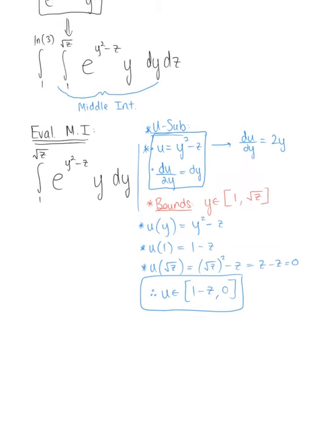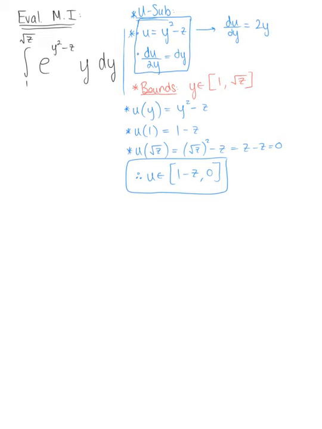So plugging everything back in here, this is equal to the integral from u of 1 to u of the square root of z. We have the natural exponential raised to the u multiplied by y, and we replace dy with du divided by 2 times y. And so we have nice simplification.